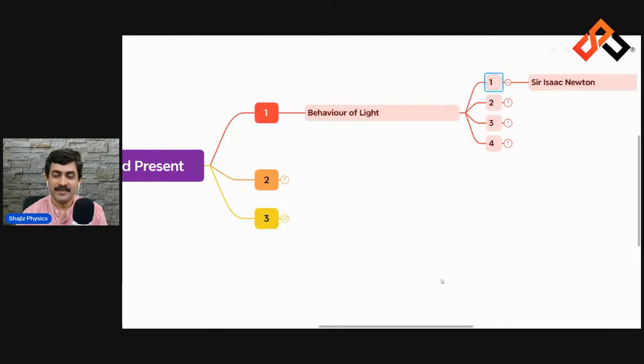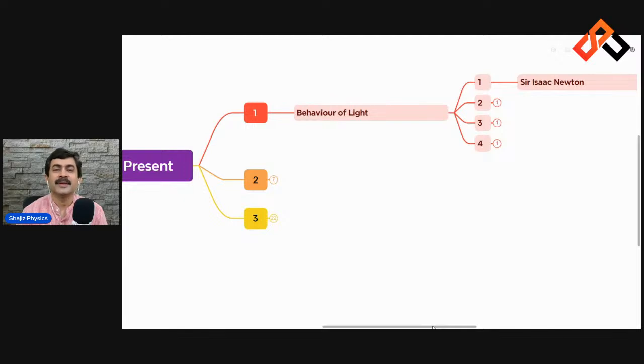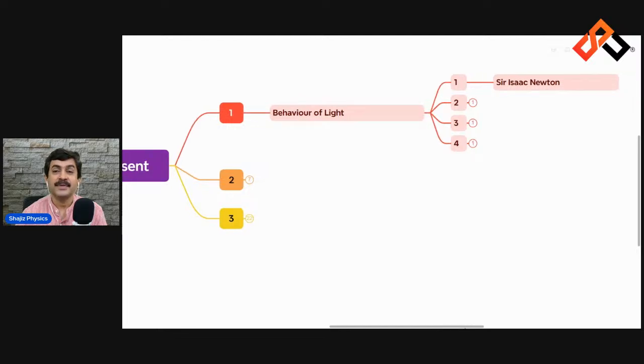The first one was proposed by Sir Isaac Newton. As we all know, Newton is still considered to be one of the iconic scientists who had contributed immensely to the various branches of science, especially physics and math. The concept proposed by Isaac Newton was the corpuscular concept or particle concept of light.